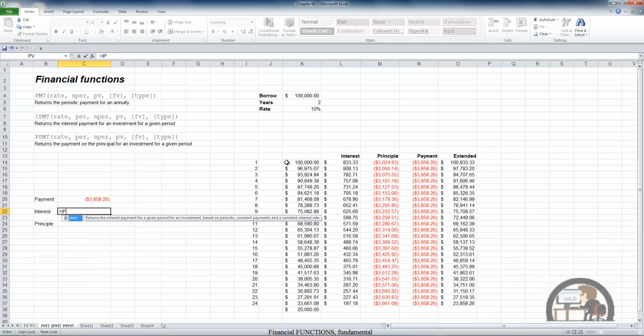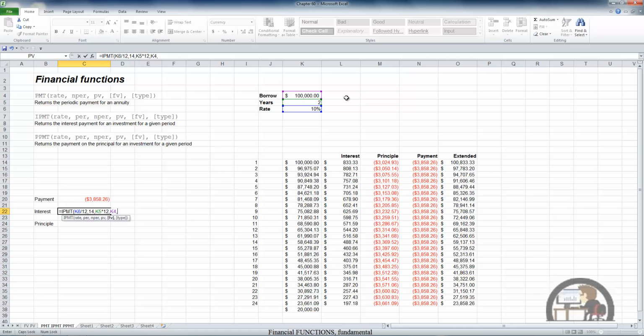Equal IPMT, tab. The rate again is our annual rate divided by 12 since we're dealing with months. The period, let's pick period 14, the 14th payment in the series of 24 payments, comma. The number of periods is of course 24, the number of years times 12, comma. The present value is the amount of money that we're borrowing, comma.